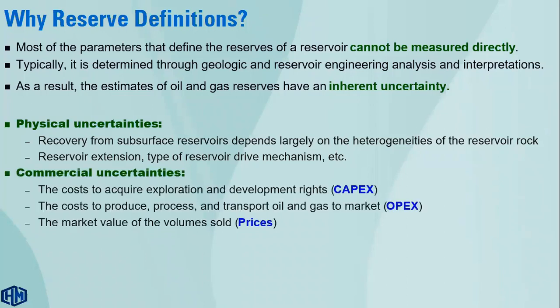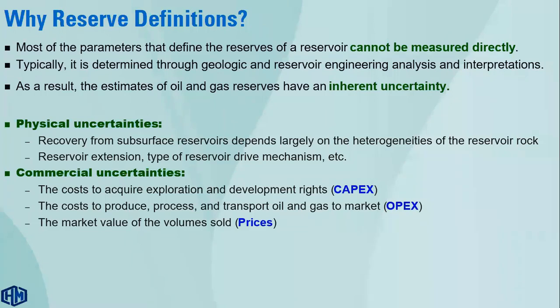And the second one is the commercial uncertainty. The commercial uncertainty is typically related to the CapEx, OpEx, and the prices. CapEx is simply the cost for exploration and development.